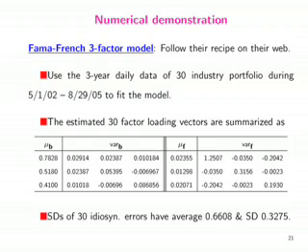And let me show you just some simulation to demonstrate this. Okay, so our simulation model follows very closely the recipes on the Fama and French website. So we use 3 years of data of 30 industrial portfolios from 2002 to 2005.